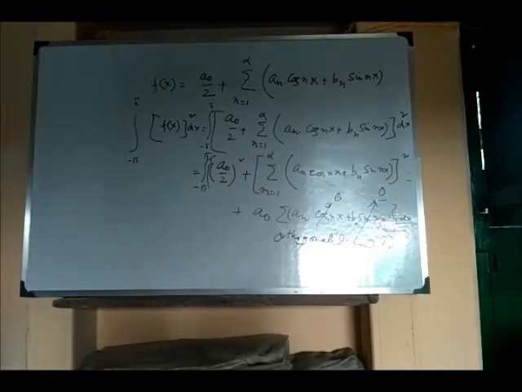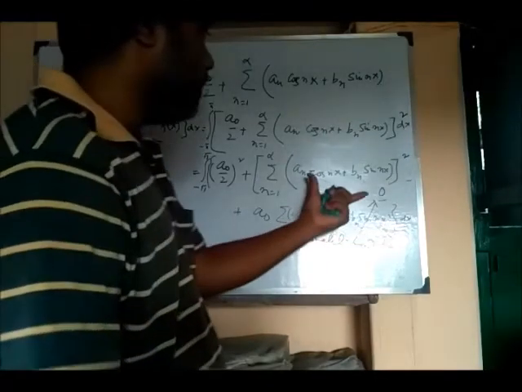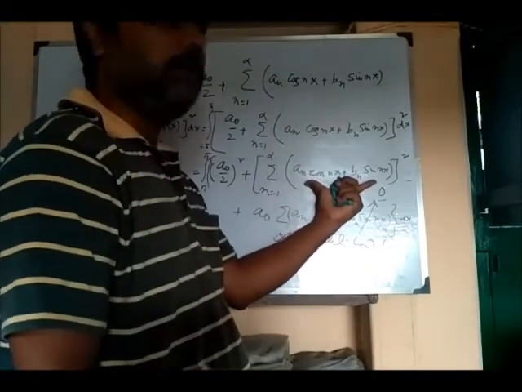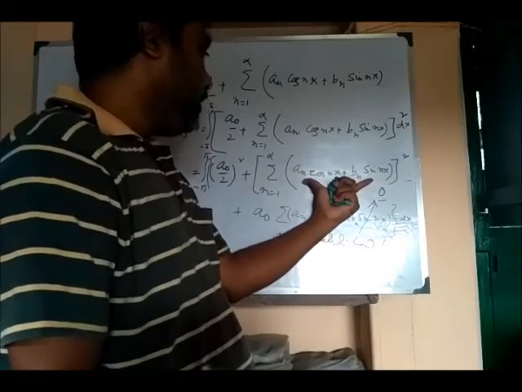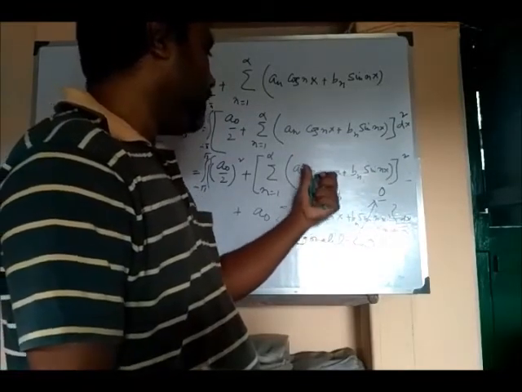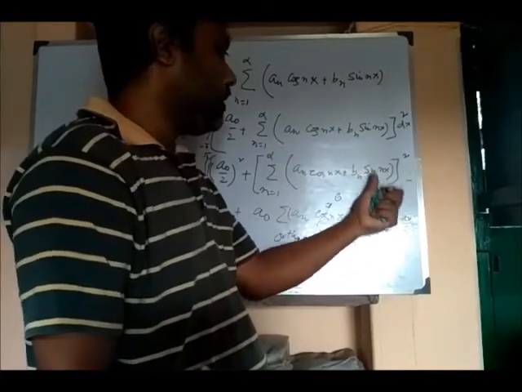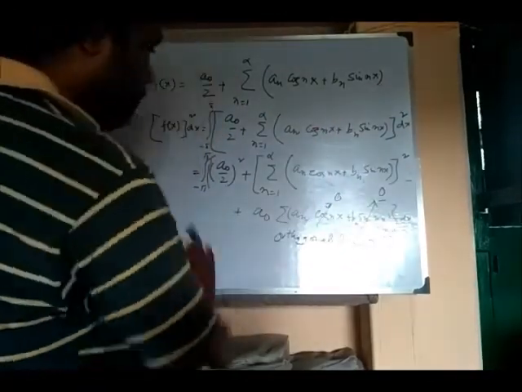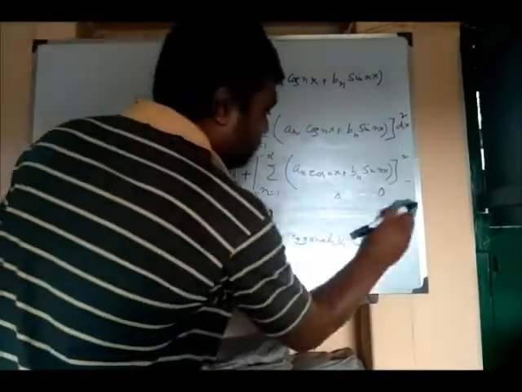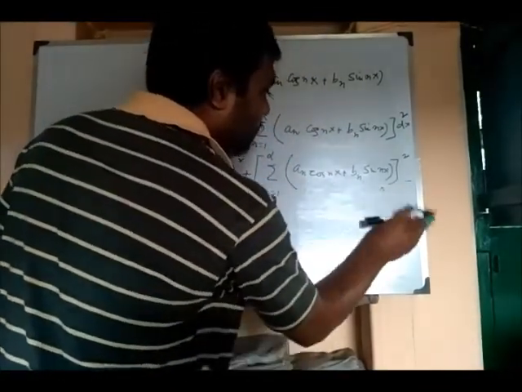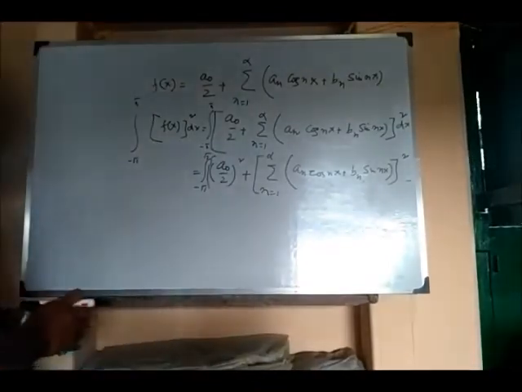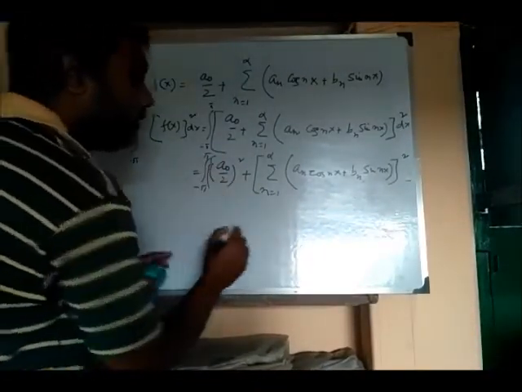Okay, now if you use here, from here what you will get, you will get an square cos square nx, bn square sin square nx. So I just remove the next term and I am going to write what you will get. So leave this term here.